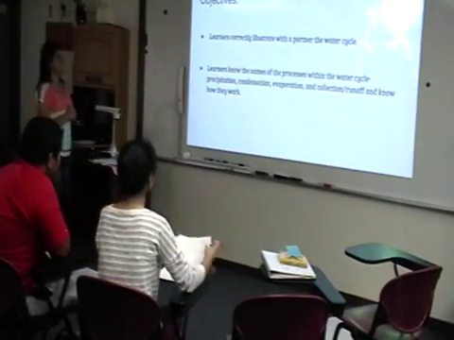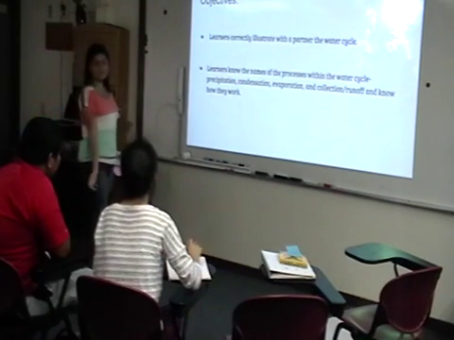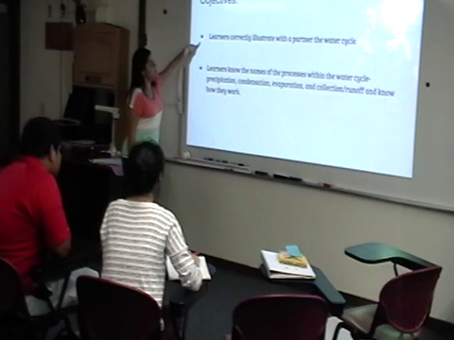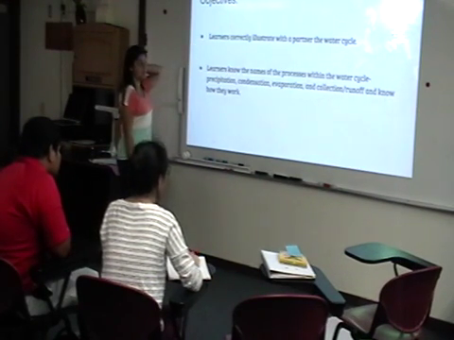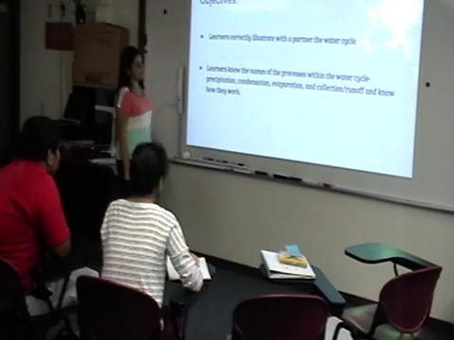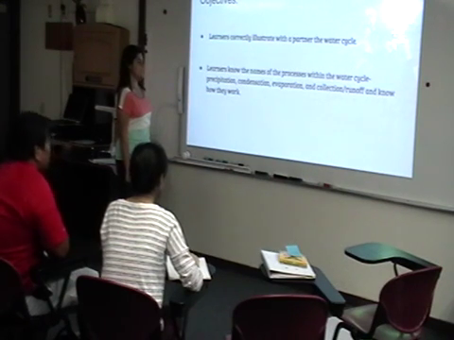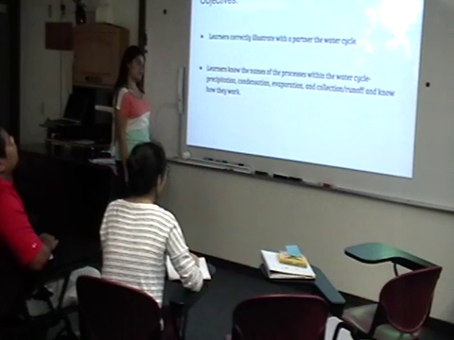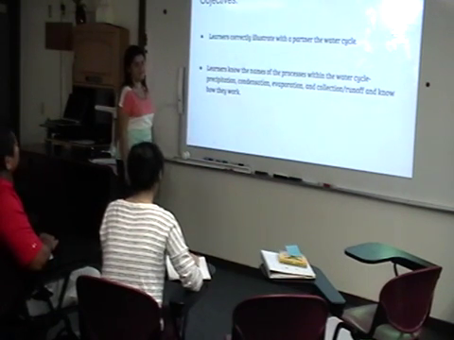So the objectives today, let's read it together. Ready? Start here. Learners correctly illustrate with a partner the water cycle. Good job. Okay, second one. Learners know the names of the processes within the water cycle: precipitation, condensation, evaporation, and collection, runoff, and know how they work.